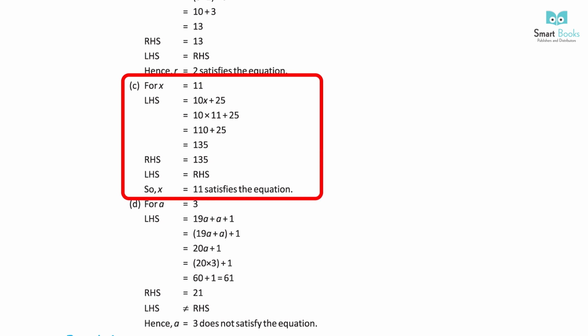C. For x equals 11, left hand side is 10x plus 25, which is 10 into 11 plus 25, which is 110 plus 25, which is 135. Right hand side is 135. So left hand side is equal to right hand side. So x equals 11 satisfies the equation.